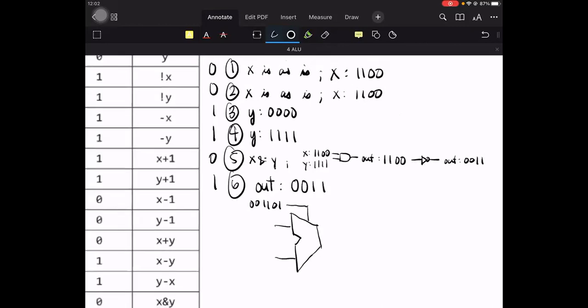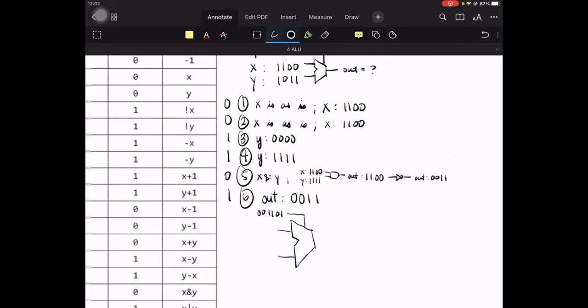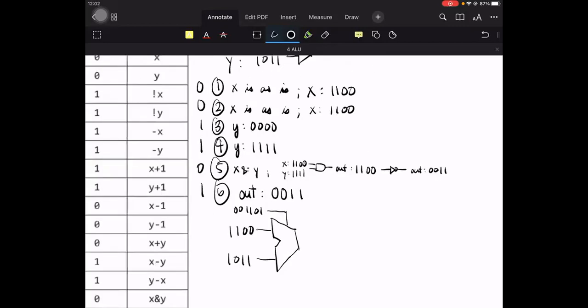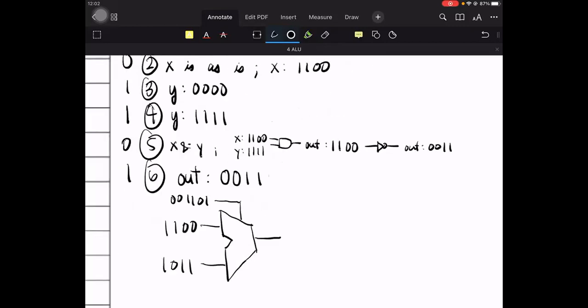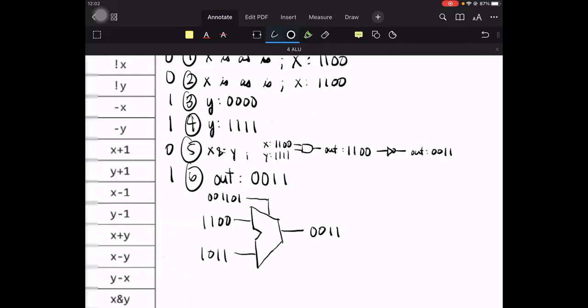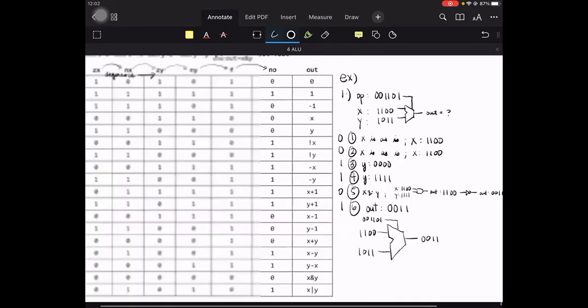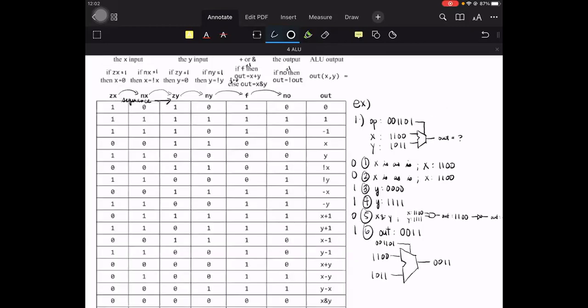First is the input. The final output is 0, 0, 1, 1. Which is this one, right?